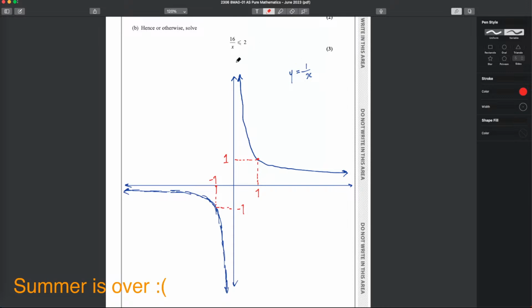Okay, so what about if we have 16 on x? What happens then? Well, when x is 1, y is going to be 16.